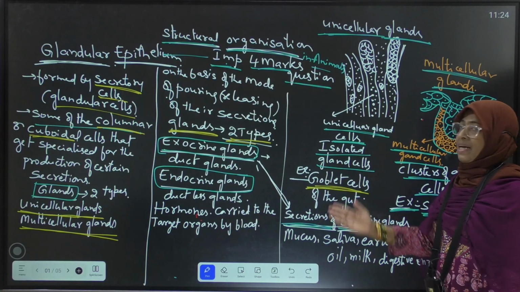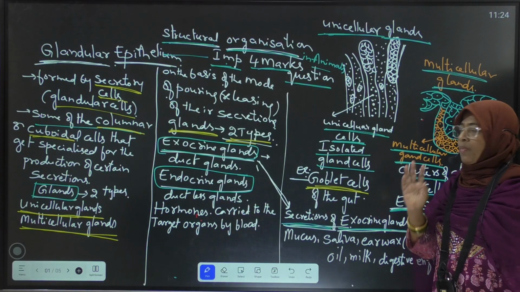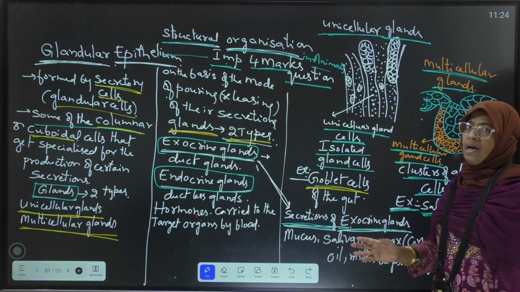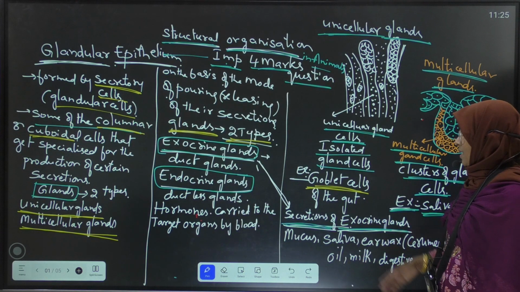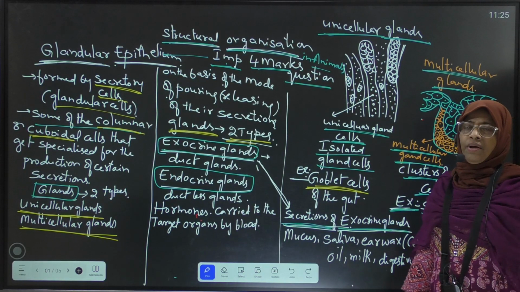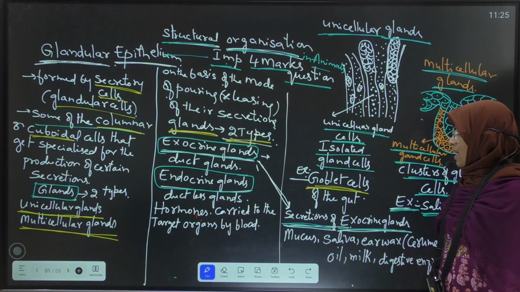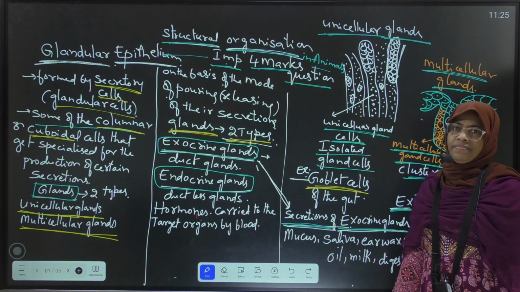Mucus secreting cells present in the wall of the small intestine are called goblet cells. So goblet cells of the gut are an example of unicellular glands.